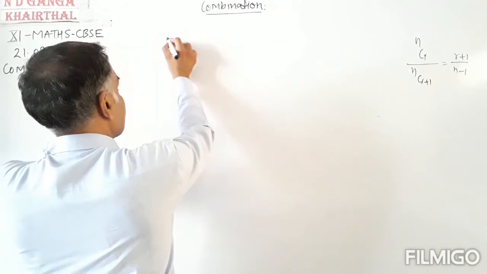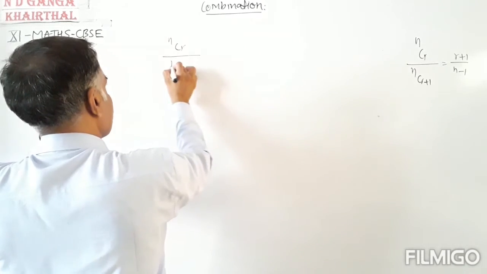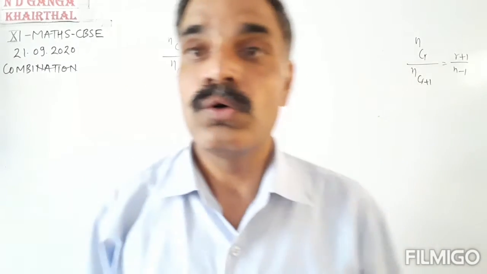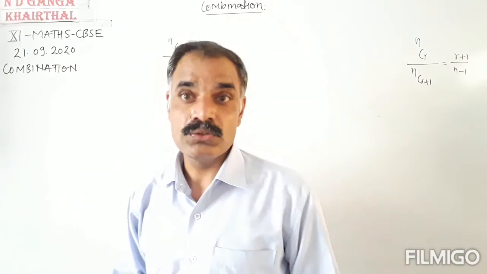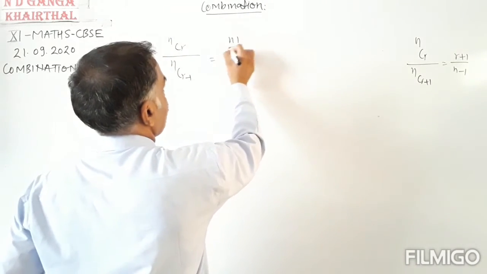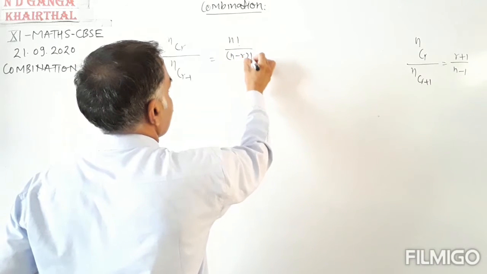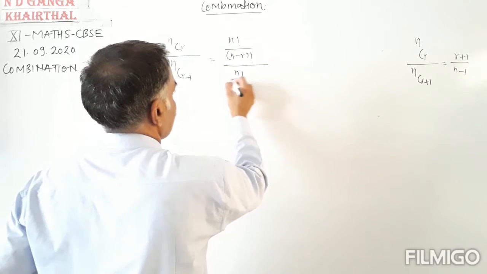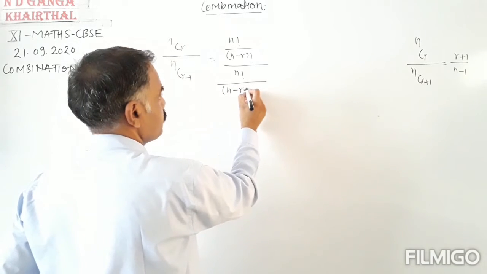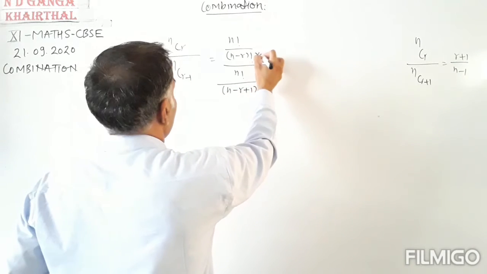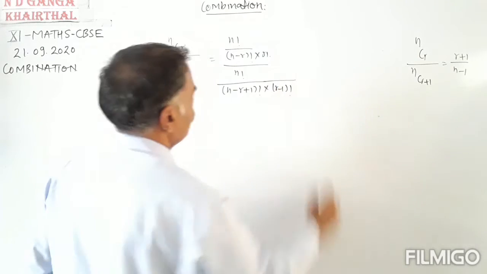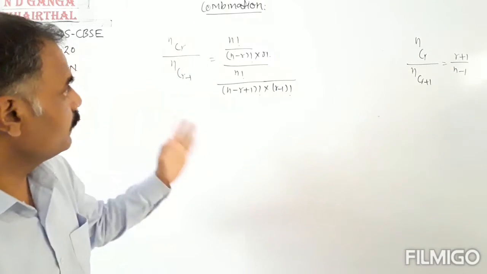nCr upon nCr minus 1. Okay, so expanding this also using the combination formula, this equals n factorial upon n minus r factorial into r factorial, divided by n factorial upon n minus r plus 1 factorial into r minus 1 factorial. Okay. So these are the formulas.